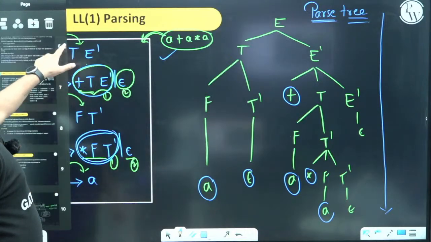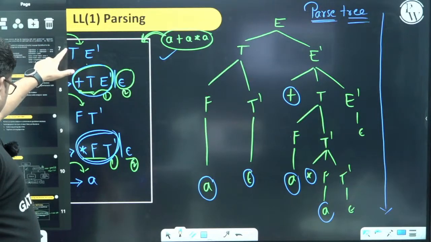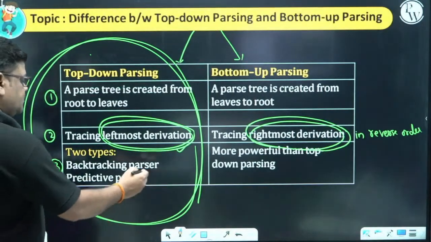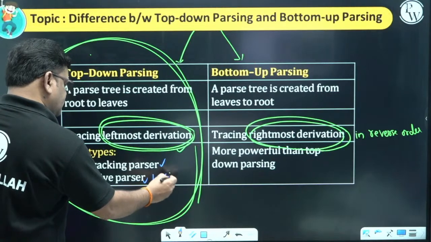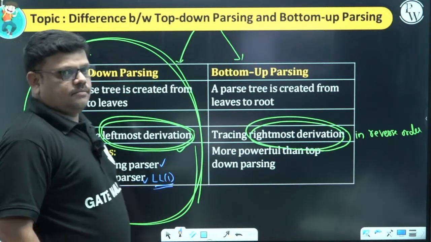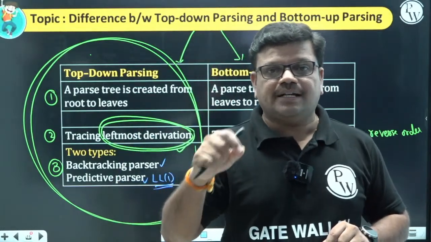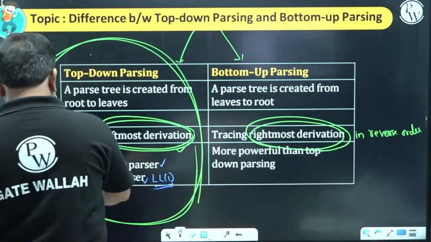So we have two mechanisms here: the backtracking parser and the predictive parser. The predictive parser is our LL1 parser. In LL1, we have a mechanism to select the exact correct production if a non-terminal has multiple productions. So let us discuss this.